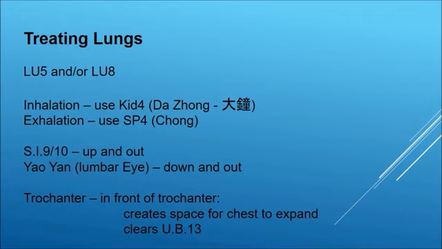Both points are needled superficially and down towards lung 9. Our lung 5 is not on the edge of the tendon, but more lateral to it, where you might feel a slightly puffy tissue. Sometimes we may go slightly above or below the elbow crease, but we never go right next to the tendon. For inhalation problems, use kidney 4, needled towards the heel.